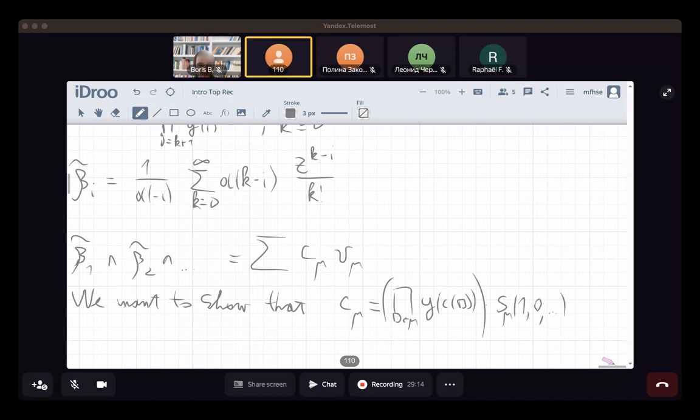Where do those z to some powers come from? They always come from our beta i's in this wedge product. But every z to some power m comes with the coefficient a of m.